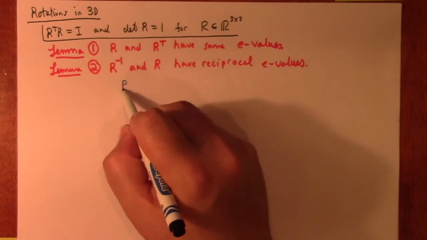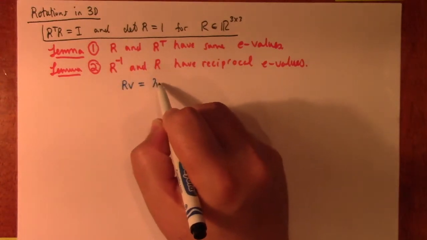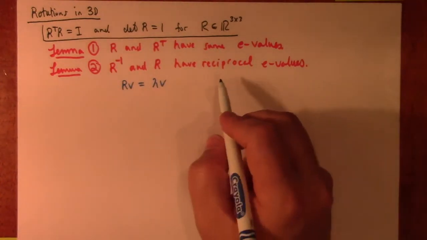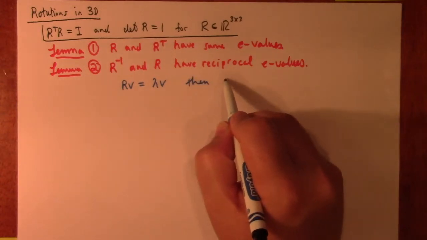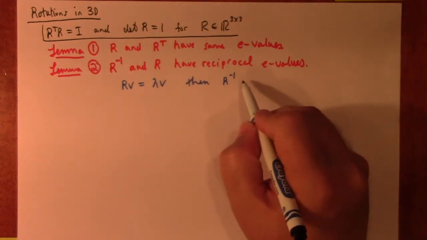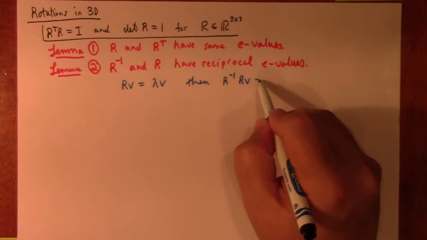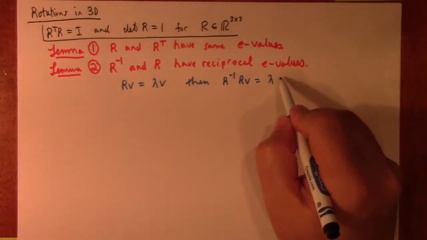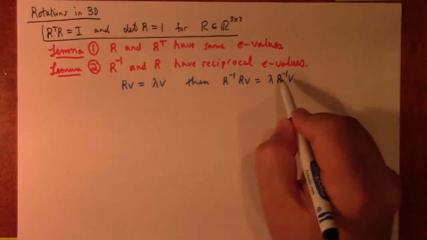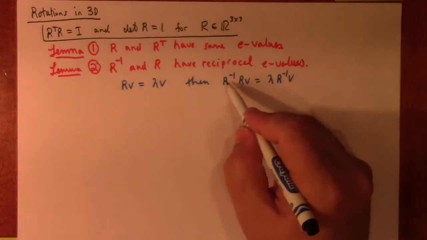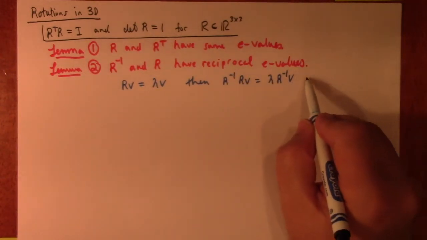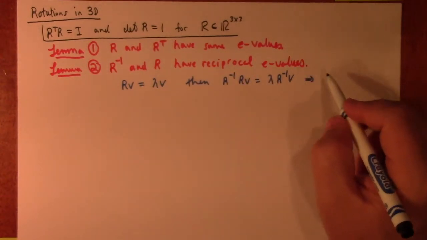If Rv is equal to lambda v, then R inverse R v is equal to lambda R inverse v, pulling the R inverse past the lambda, but this is the identity, right? And then divide lambda to the other side.